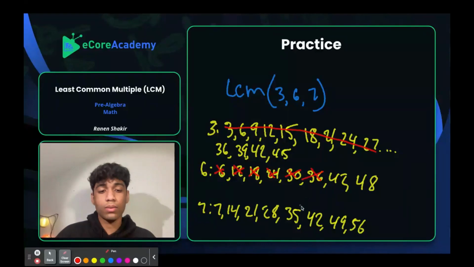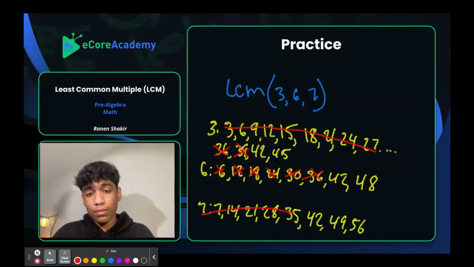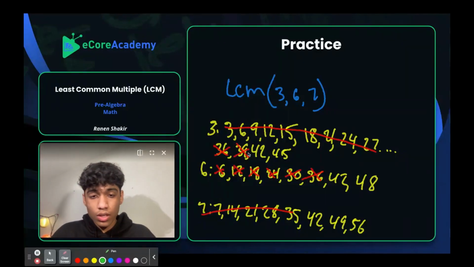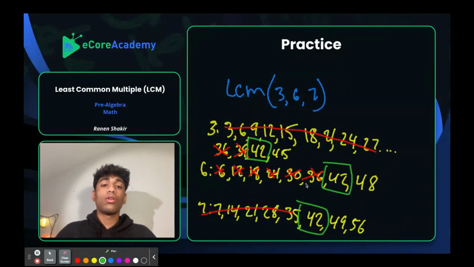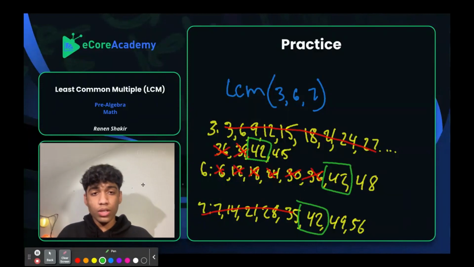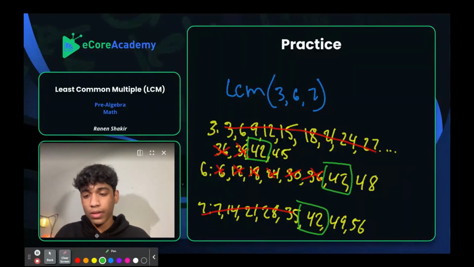This can't work, this can't work, and none of these can work. So now we're left with this. 36 doesn't work for anything else. 39 only works for this one. And then we see 42. We finally reached it. It's going to work for all of them. So 42 is going to be our LCM of 3, 6, and 7. If you got that, great job. If not, it's all right. Go back and see where you went wrong.